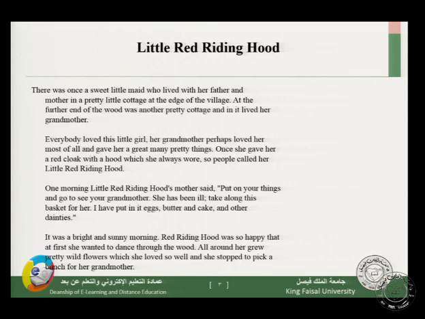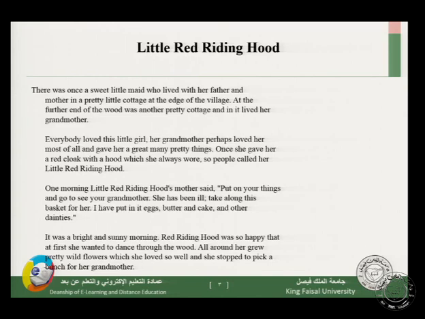The story gives you details about how things go, how the mother asks her daughter what to do, to send some food to her grandmother in the forest. Her grandmother is sick, and the mother asked her daughter to go straight away to her grandma.